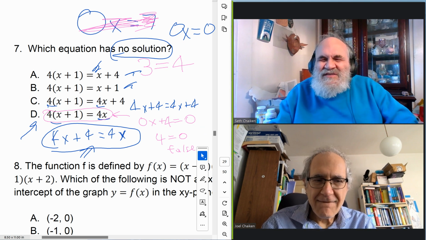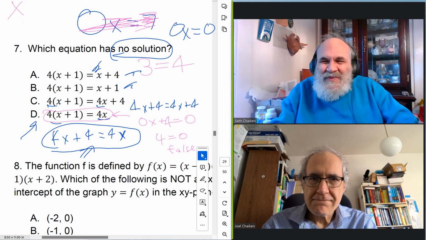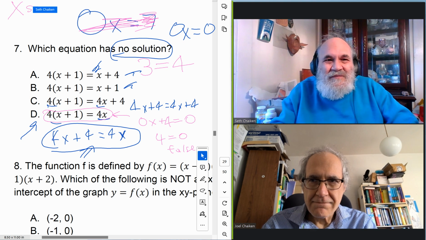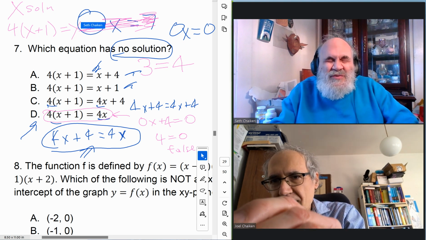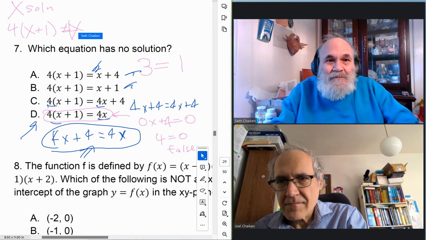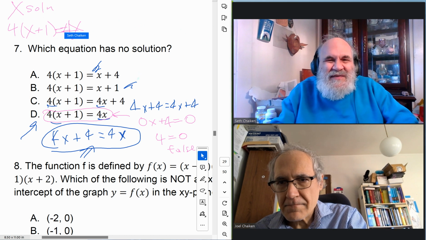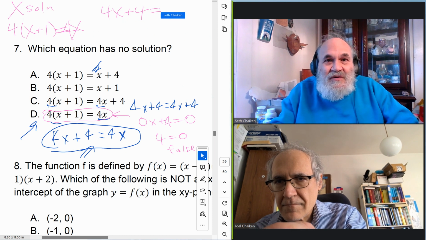Suppose there is a solution, and let me denote the particular solution that we suppose exists as capital X. Well, if this is a solution, that means that 4 times capital X plus 1 equals capital X. And then we do arithmetic with this. We simplify: 4x plus 4 equals x.